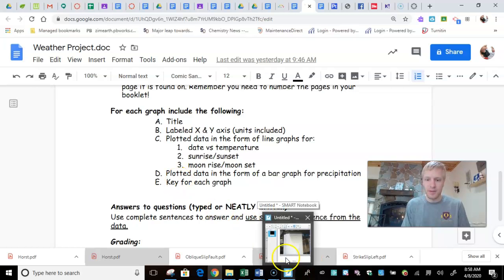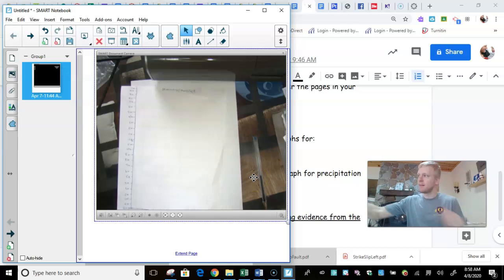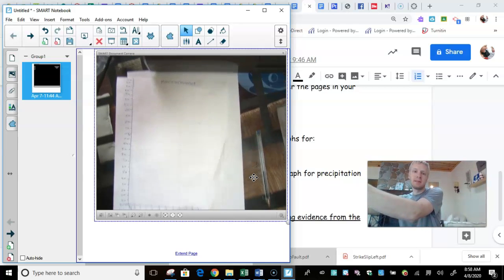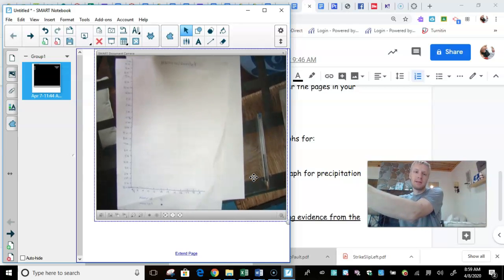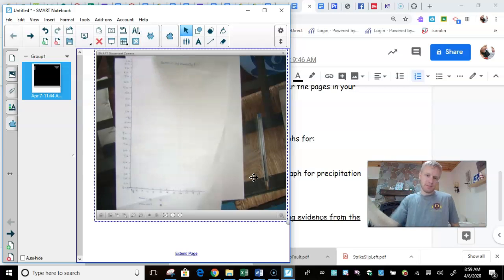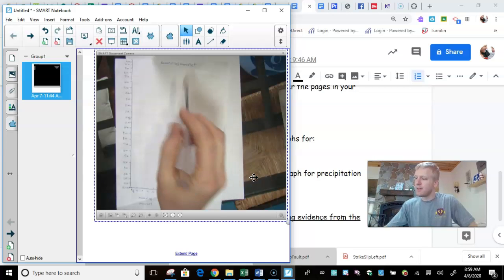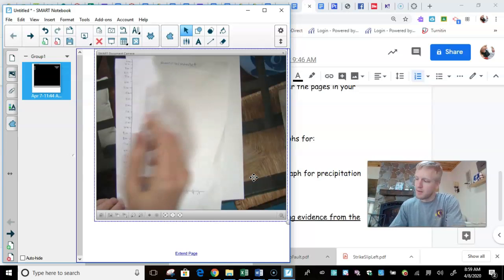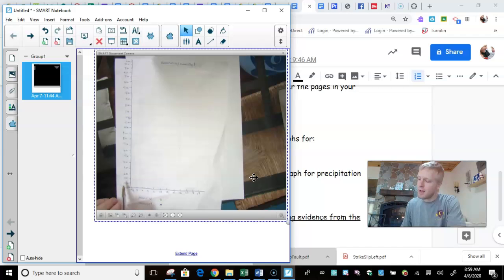So, got a quick little example right here. Alright, so right here I've got the nice title. I've got my y-axis, my x-axis, and oops, I don't have them labeled yet.